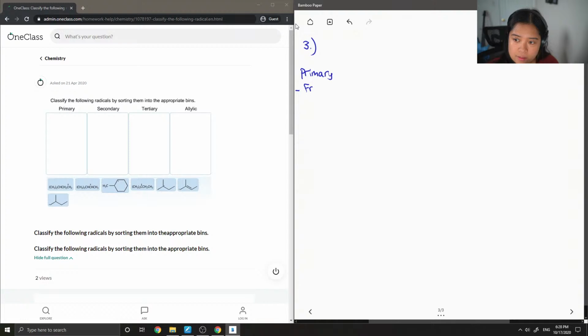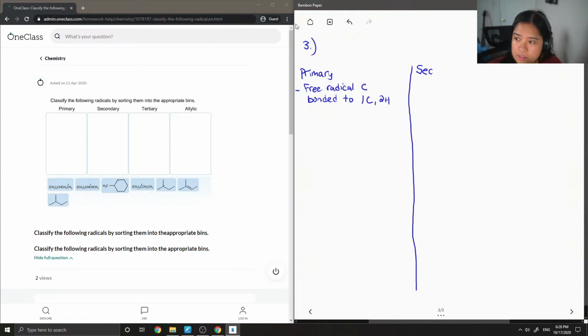So for primary, the free radical carbon is bonded to 1 carbon, 2 hydrogens. Just gonna make like a chart. And then for secondary, the free radical carbon is bonded to, as you can guess, 2 carbons.